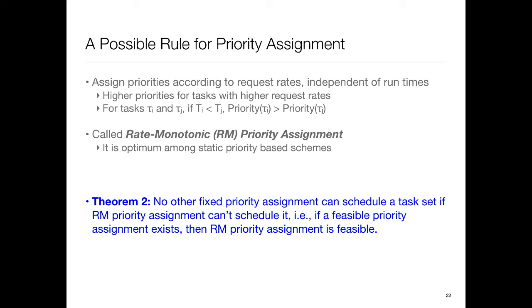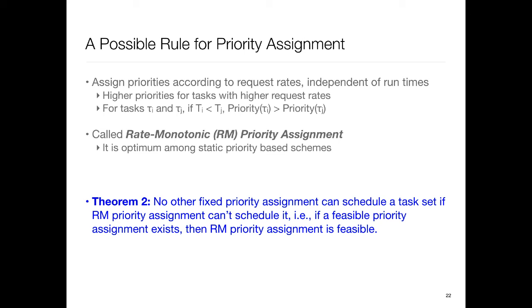So we don't have to worry about the C's at all. If I have 2 tasks, then the more frequent task, that is the one with the smaller T_i, should have the higher priority. And that leads to this observation, which was proven by some researchers long ago, which basically says the following: assign the priorities according to rate monotonic, more frequent, higher priority, and attempt to schedule it.